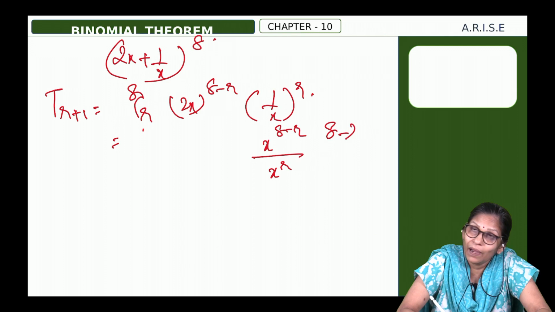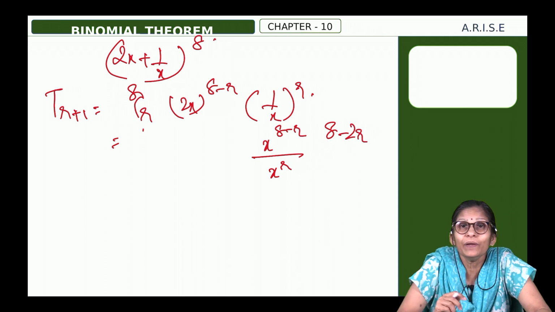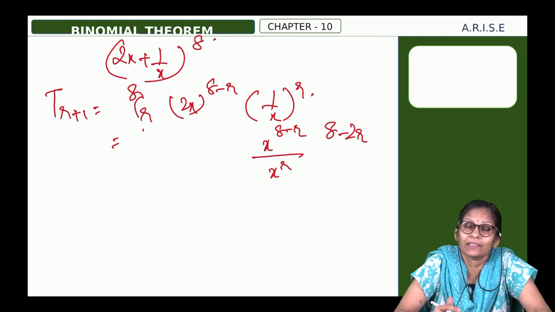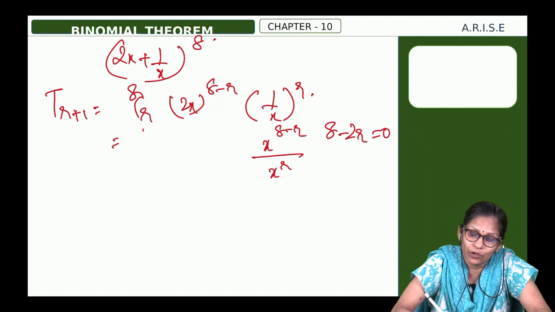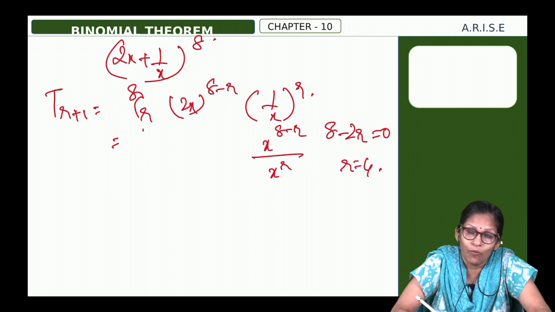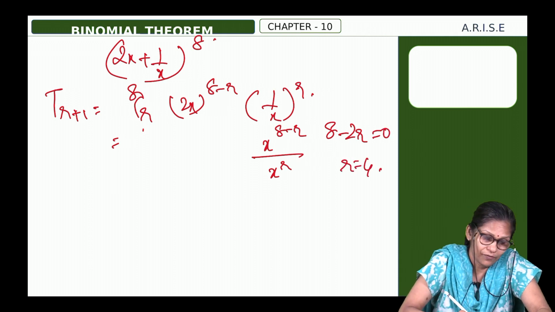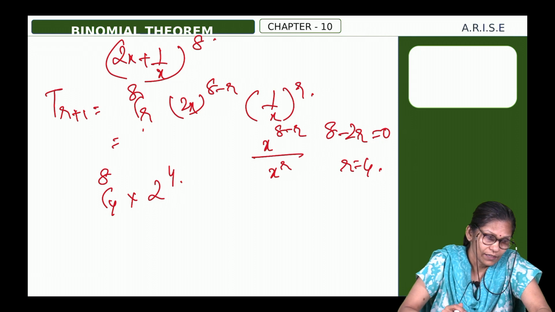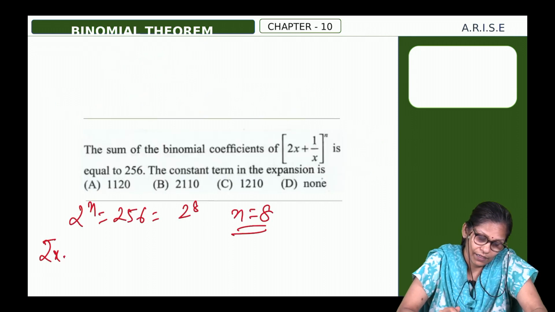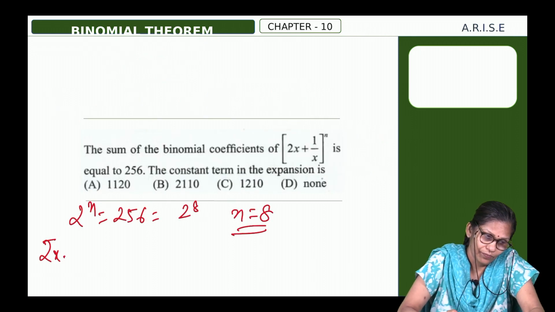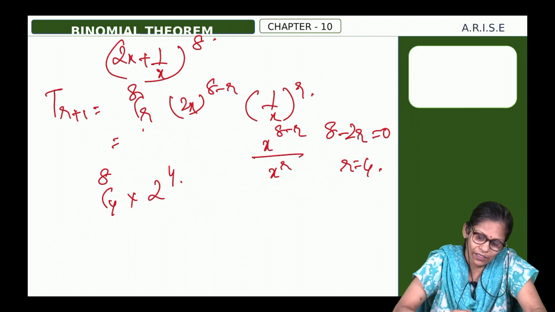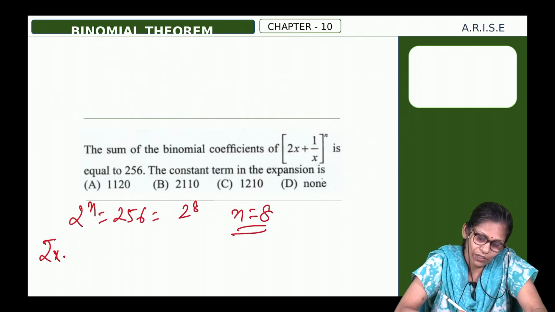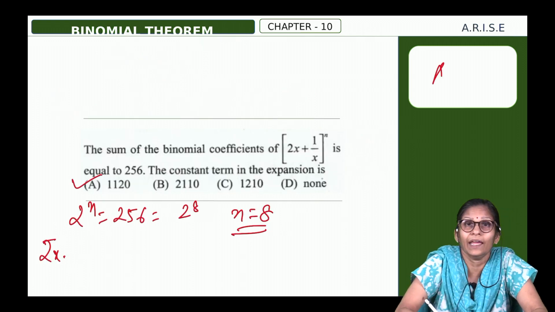Isn't that x raised to 8 minus 2r? For it to be independent of x, it should be x raised to 0. So, this should be 0, making r as 4. So, what is the term independent of x? It is 8C4 into 2 raised to 4. That is your answer. You can just evaluate. 1120 is your answer, option A.